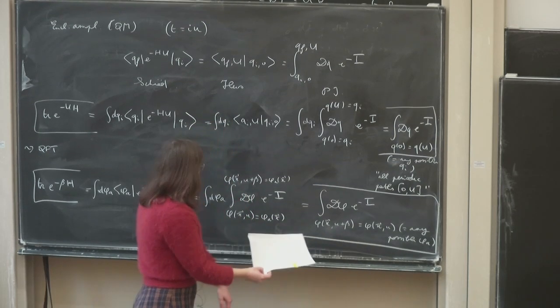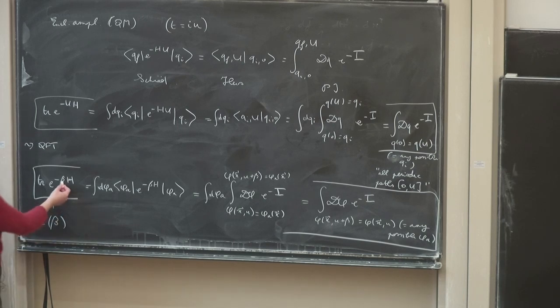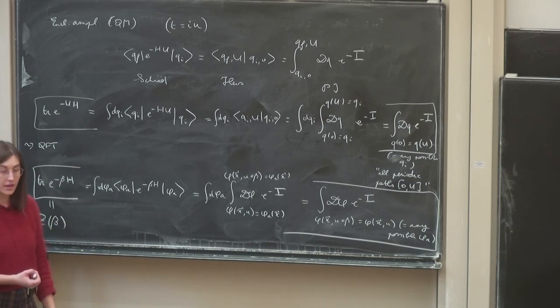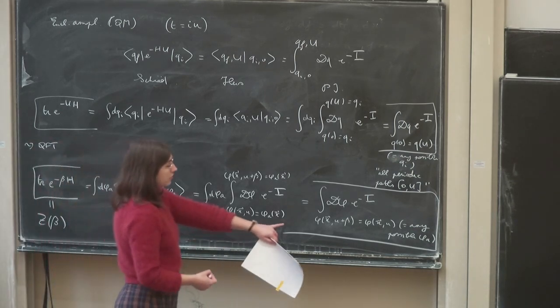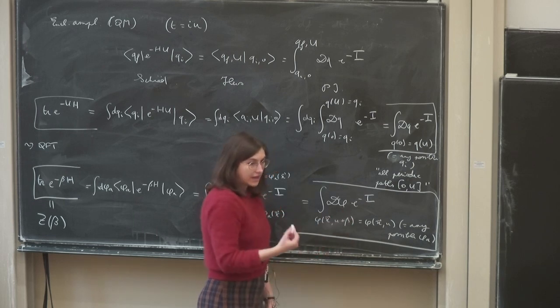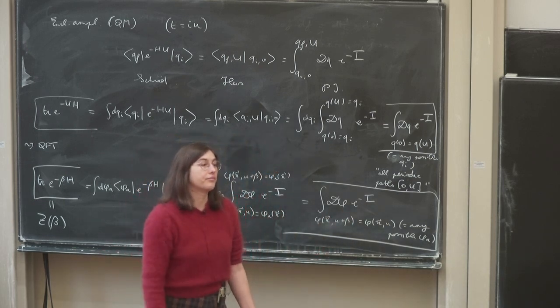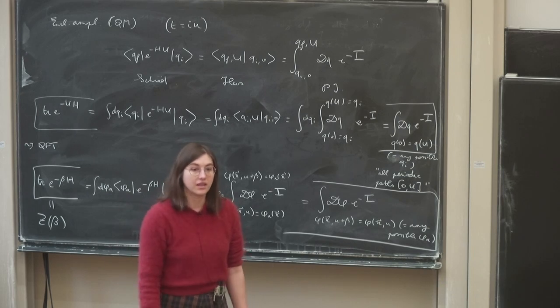So if I interpret this left-hand side as a partition function of a thermal QFT, then beta here is my inverse temperature of that thermal QFT. And here on the right-hand side, in the interpretation as a Euclidean path integral, beta is the length of a periodic path in Euclidean time. Okay?